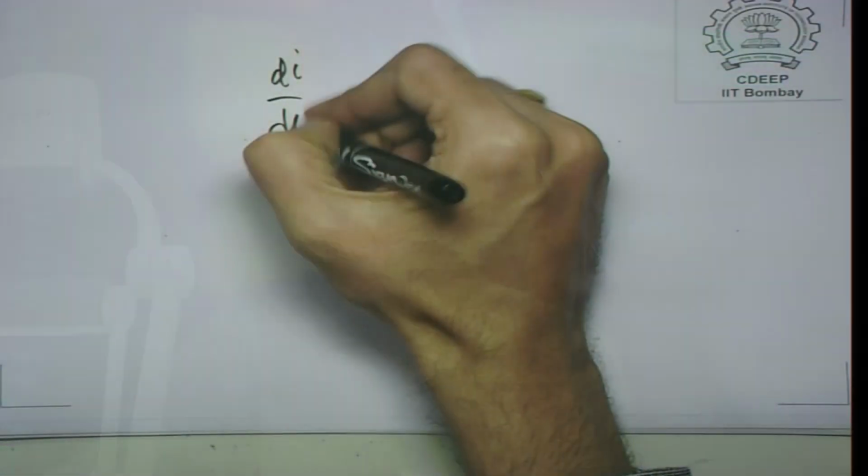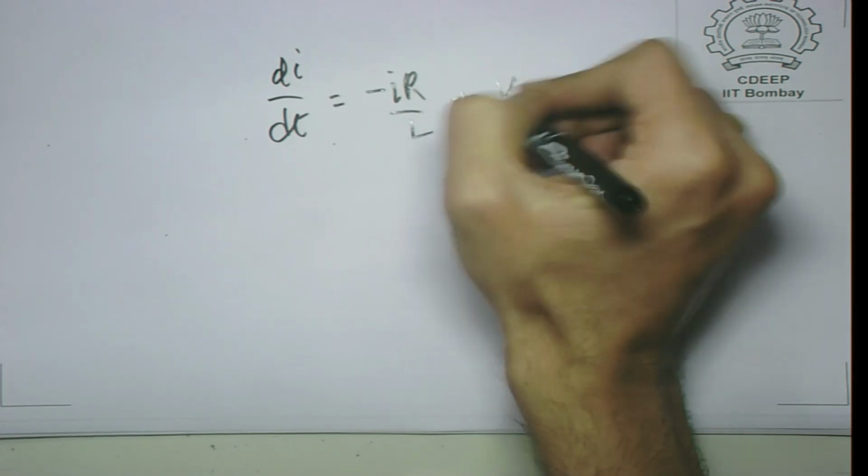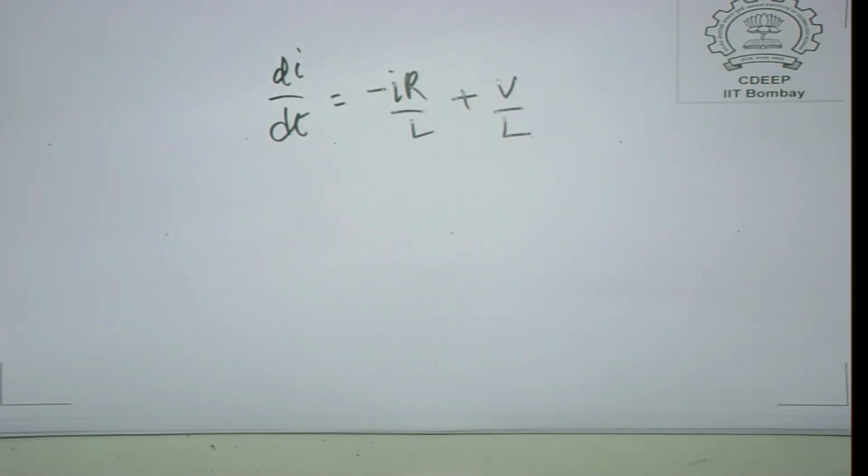So, we cannot write di by dt is equal to minus IR by L plus V by L with L constant.